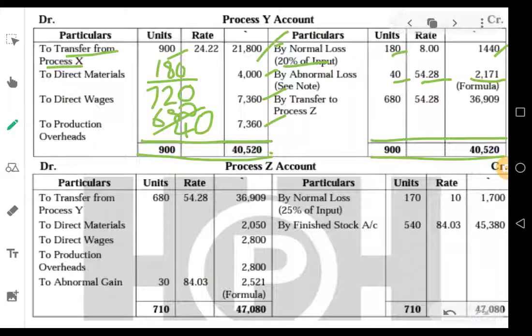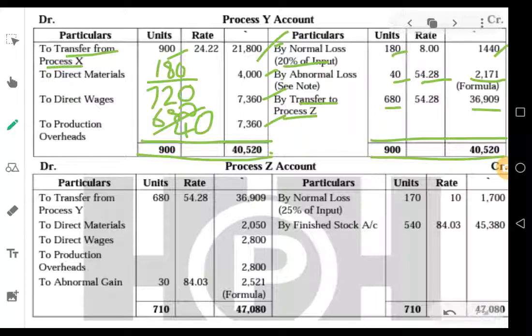When you balance, you will get 680 units in the units column, and the amount column will be 36,909 when you balance it. 40,520 minus 1,440 minus 2,171 gives 36,909. So this will be transferred to the next process, that is process Z.